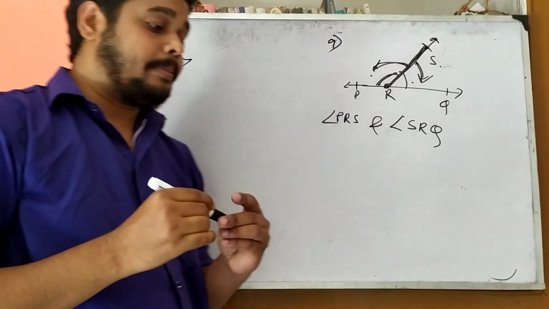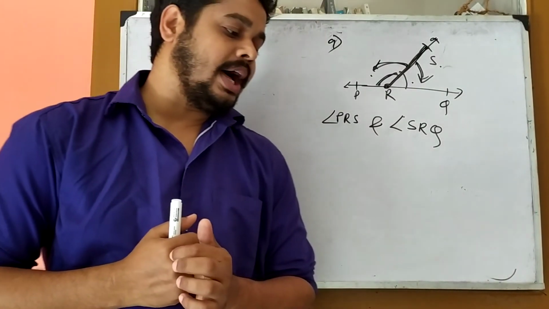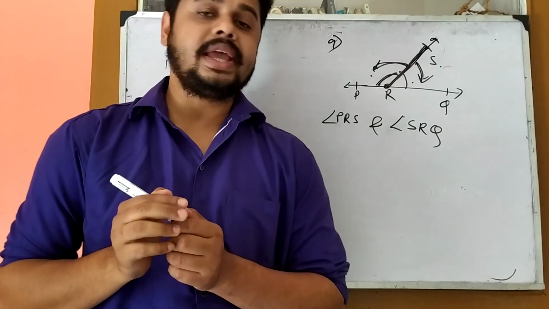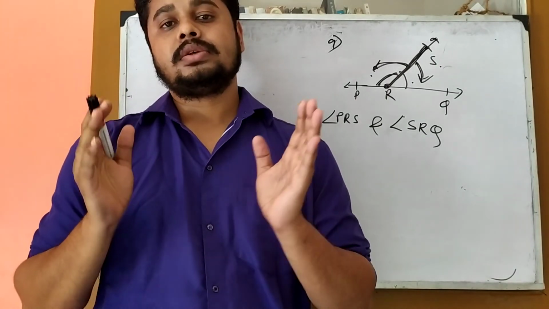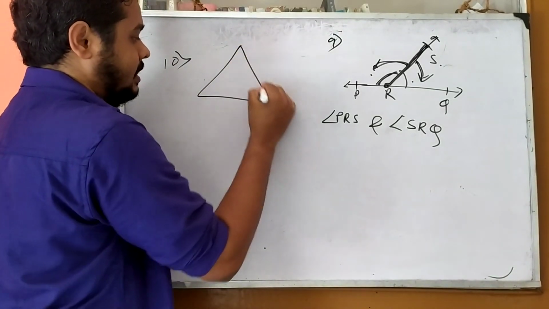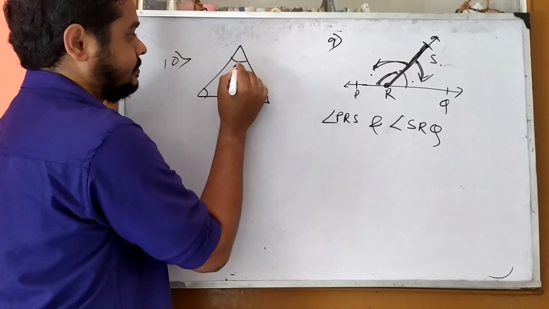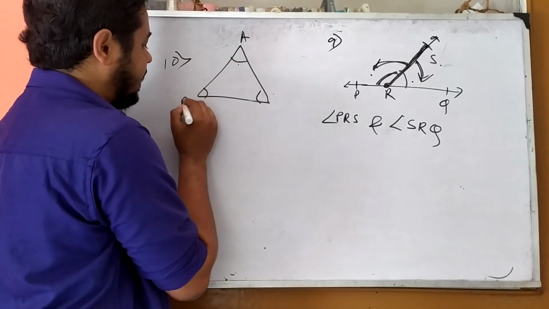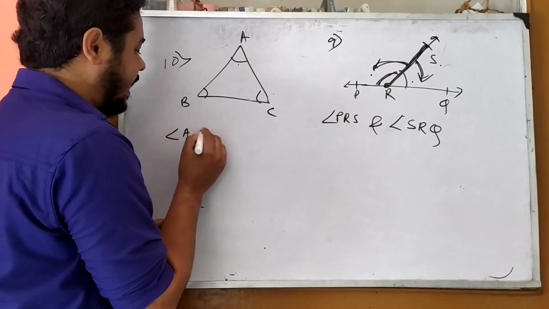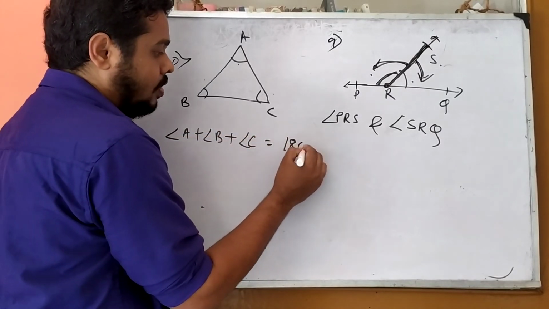Using the angle sum property, prove that each angle of an equilateral triangle is 60 degrees. Now what is our angle sum property? Suppose triangle ABC, then angle A plus angle B plus angle C equals 180 degrees.